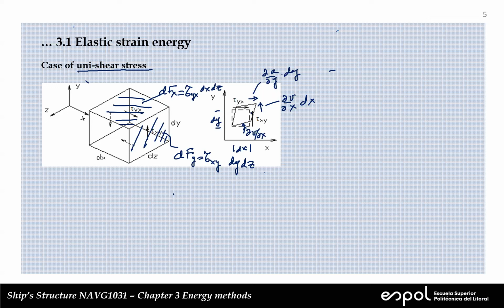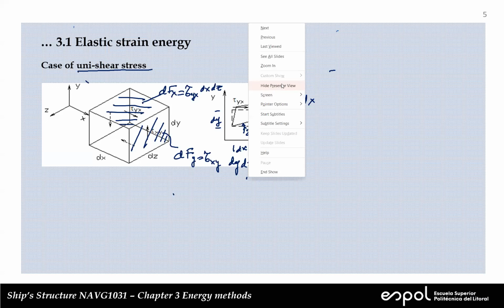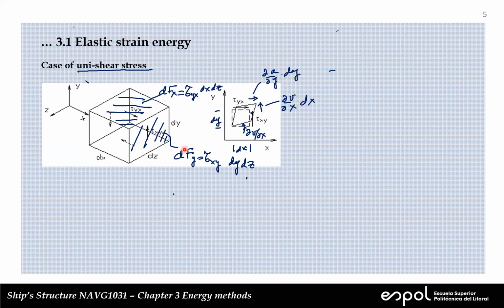So we have a horizontal force, which moves du dy times dy, and a vertical force, which is equal to this value, but moves a different distance. So this force moves this distance. This force moves this distance.